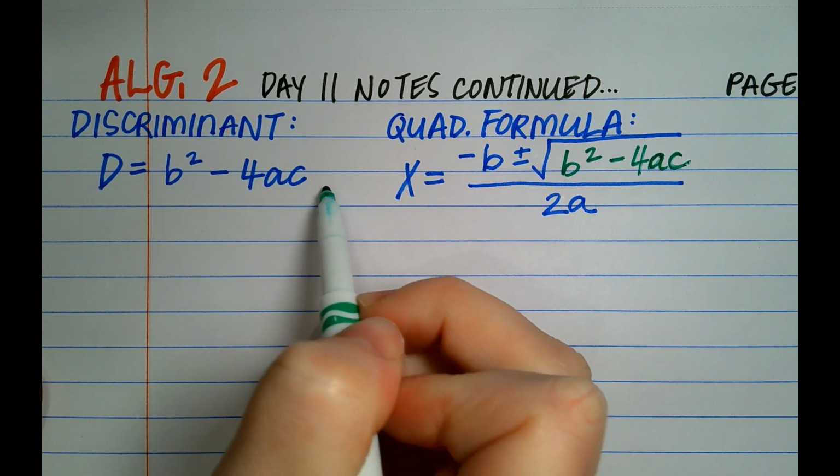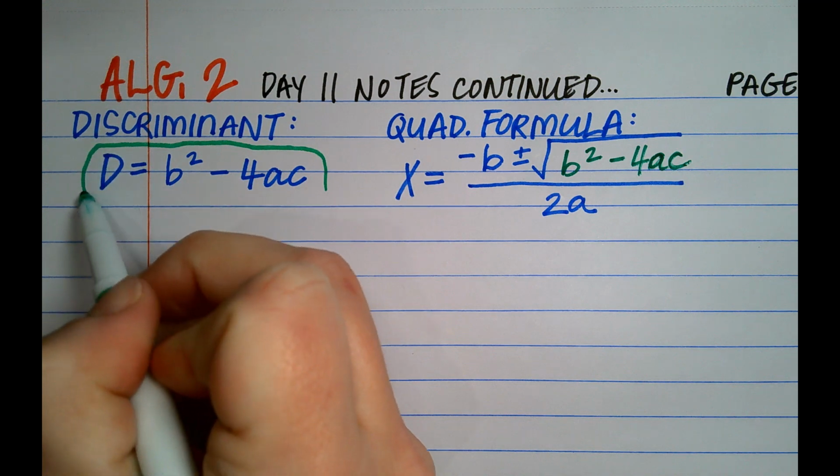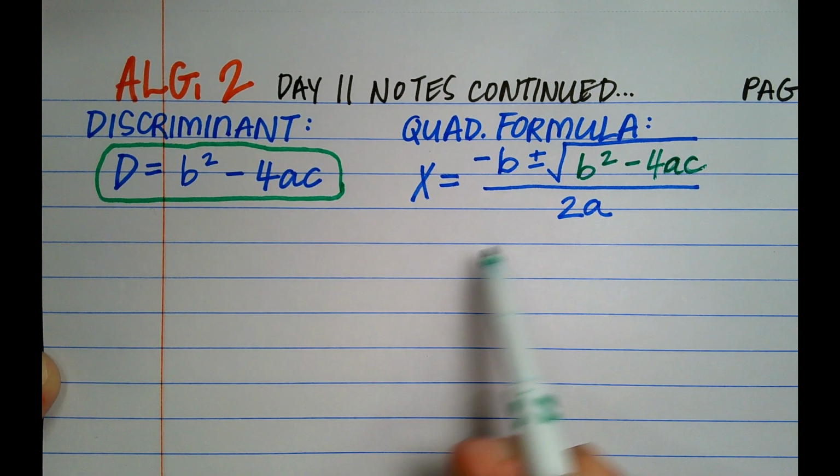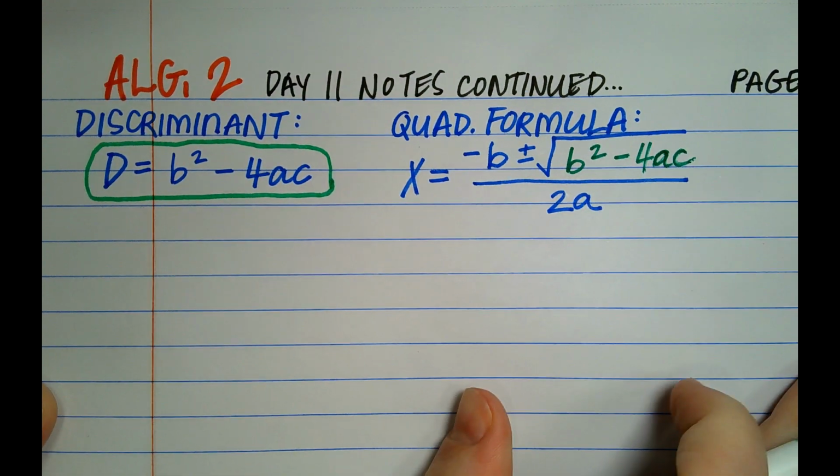And this is where we see the connection between the discriminant and the quadratic formula.